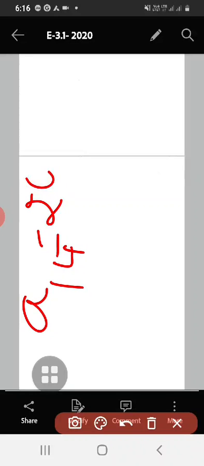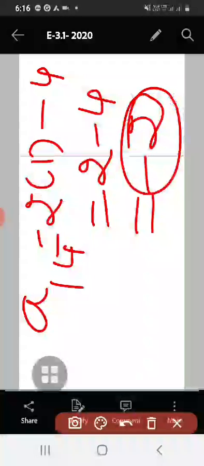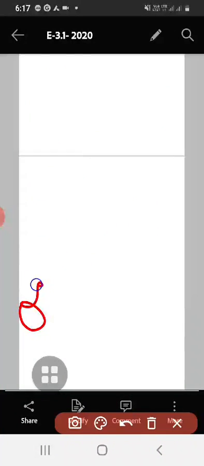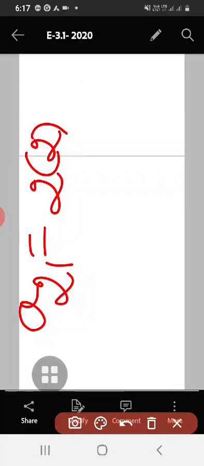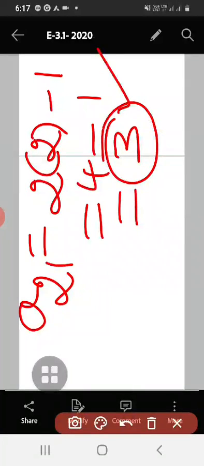Then next let us take up A14, that is 2 into 1 minus j, which is 4, so 2 minus 4 is minus 2. Then let us come to the second row. A21: 2i means 2, 2i minus j, 4 minus 1, that is 3. So A21 is 3.